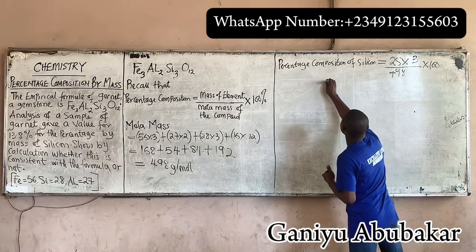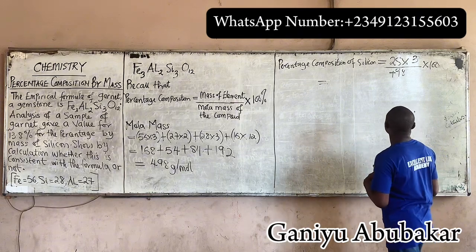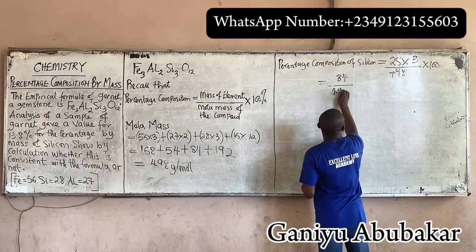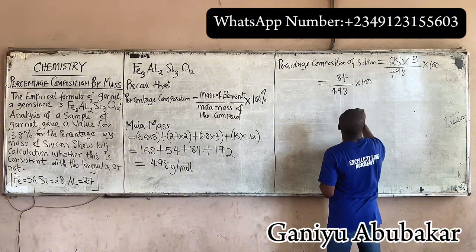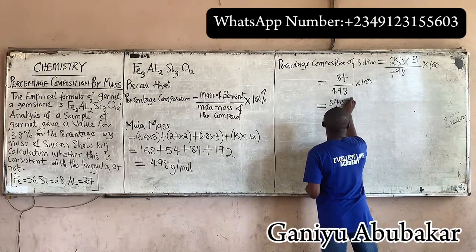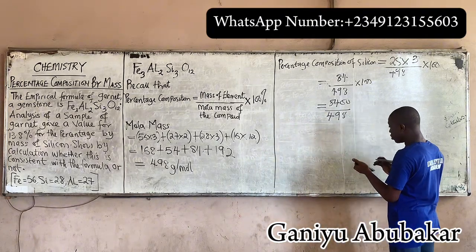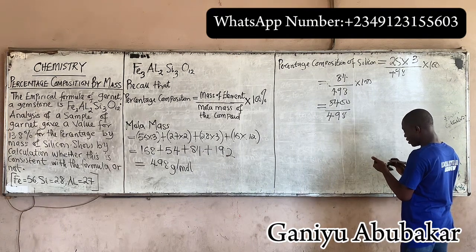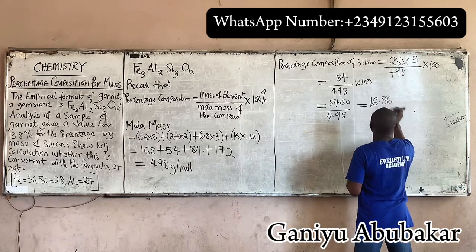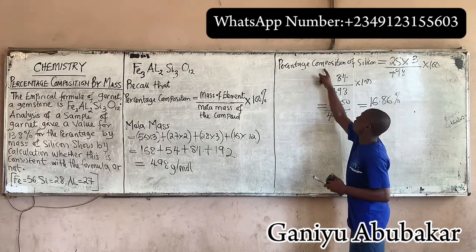If I have 28 times 3, I have 84 over 498 times 100. Multiplying 84 times 100 gives 8400 over 498. If I divide 8400 by 498, this gives about 16.86 as a percentage.